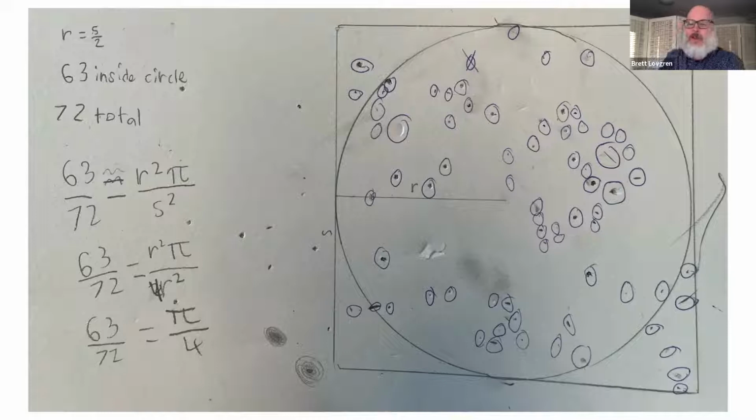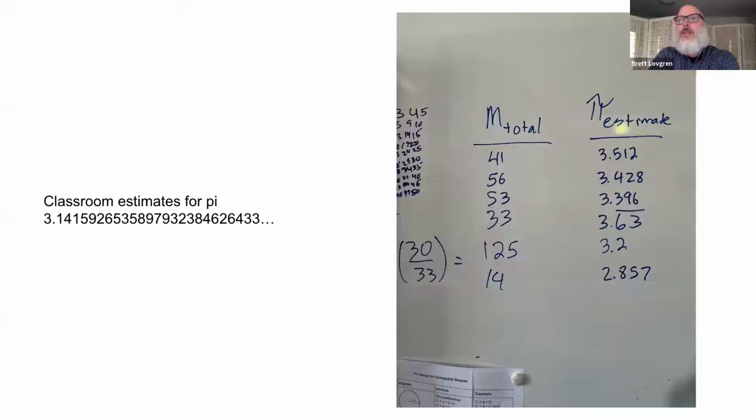It turns out that this works by counting up the number of marks inside the circle and the total number of marks. And so you end up with, here's some estimates from a particular class, and you can see it's in the ballpark. We're not totally off in some crazy estimate.